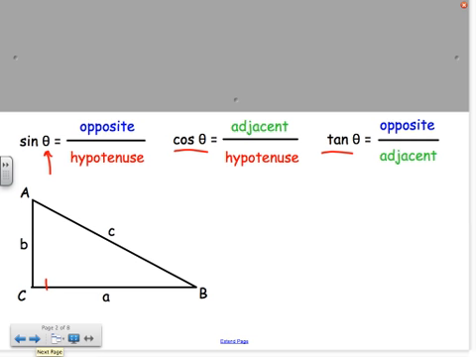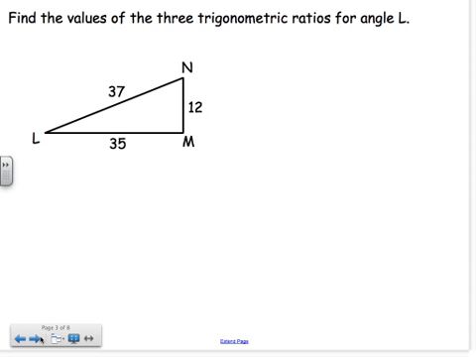I'm sure some of you are kind of confused right now. Let's go take a look at this. Let's go see how this works. Let's throw in some numbers here. It says find the values of the three trigonometric ratios for angle L. So I'm just looking at angle L right here. If I want to find the sine of angle L, well, let's go back.